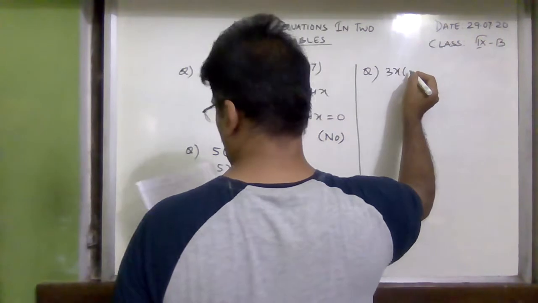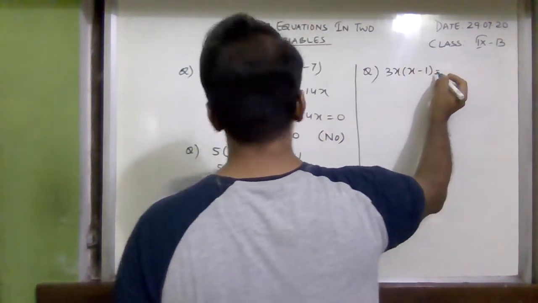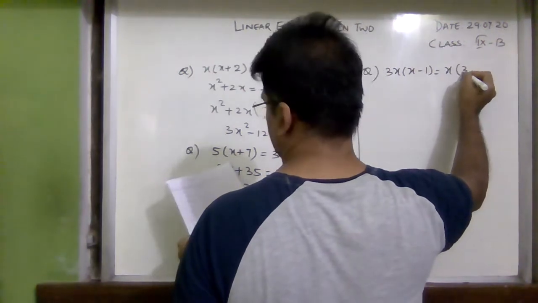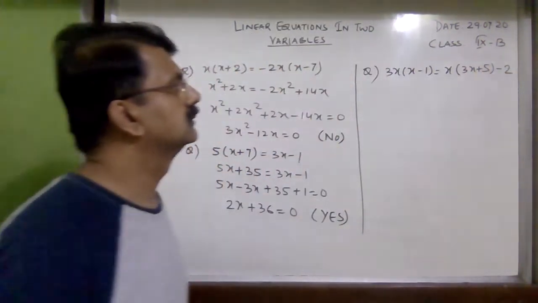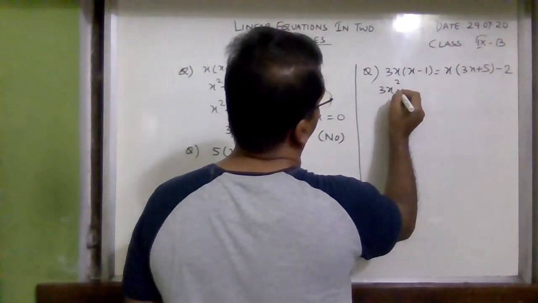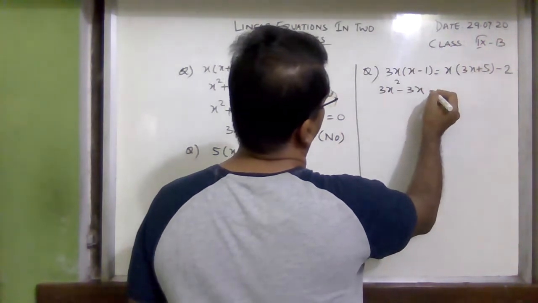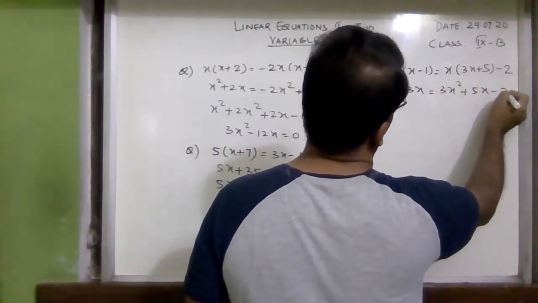3x within brackets x minus 1 is equal to x within brackets 3x plus 5 minus 2. Now if we open the bracket, it is 3x square minus 3x is equal to 3x square plus 5x minus 2.